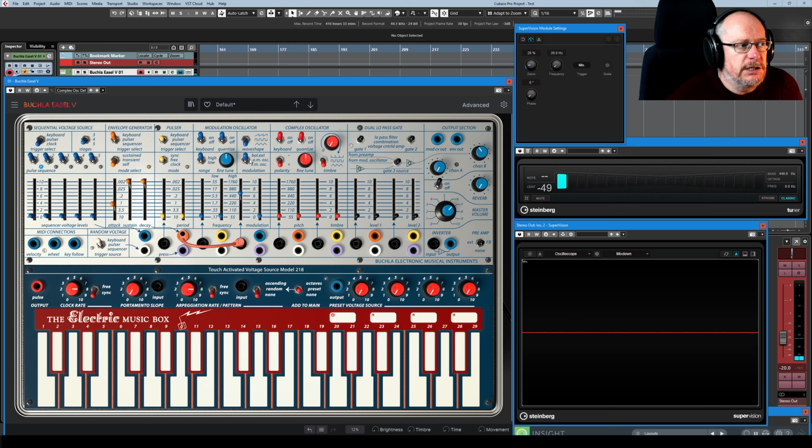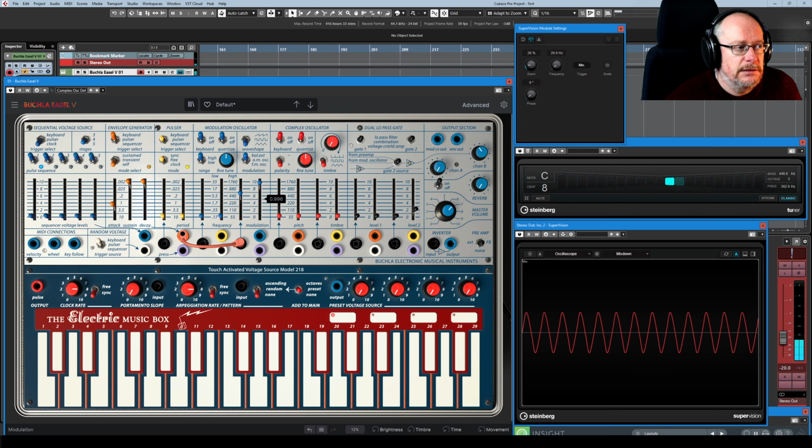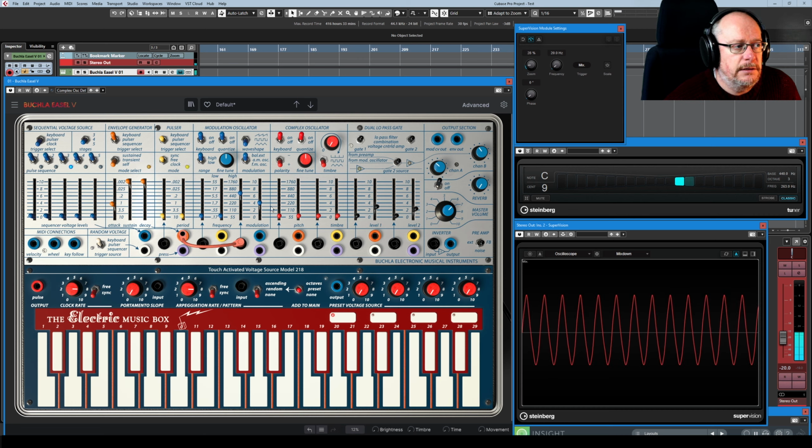If the modulation oscillator isn't hardwired to the complex oscillator's amplitude or frequency modulation inputs, this modulation slider seems to have nothing to do. It's not having any effect on the sound. On either oscillator, I can bring the original oscillator back in and these sliders are still dead.